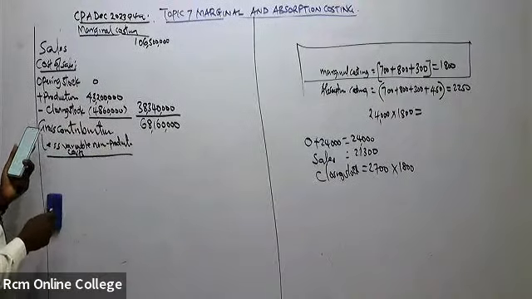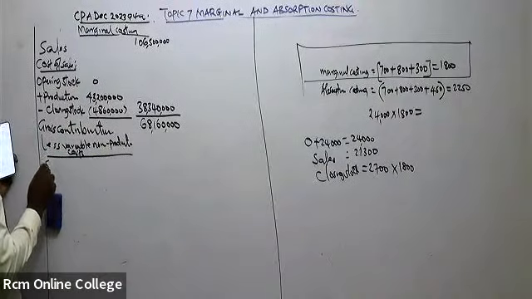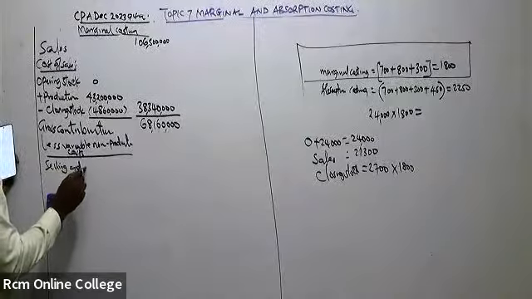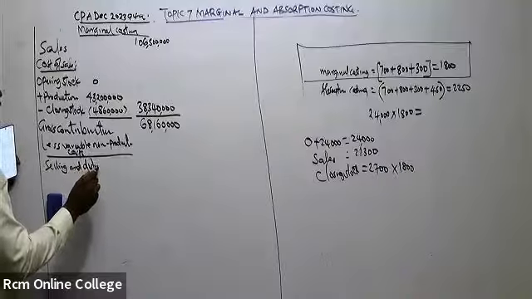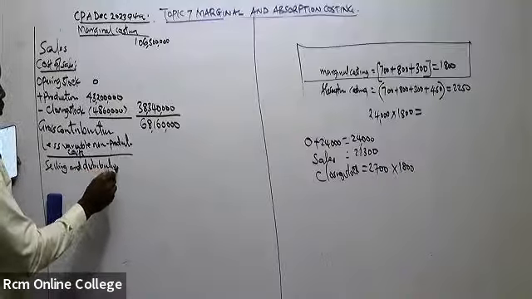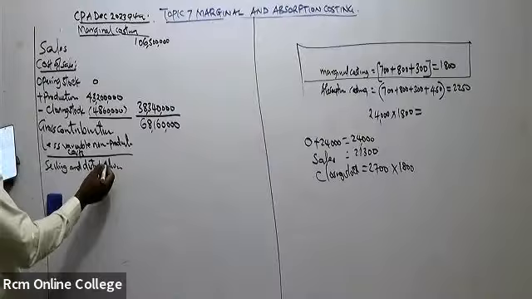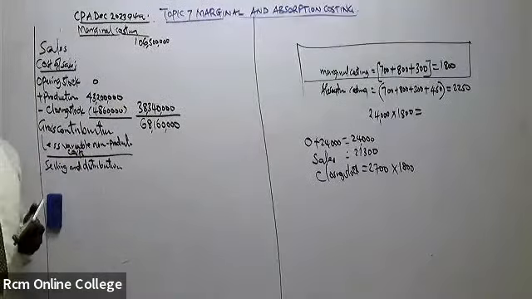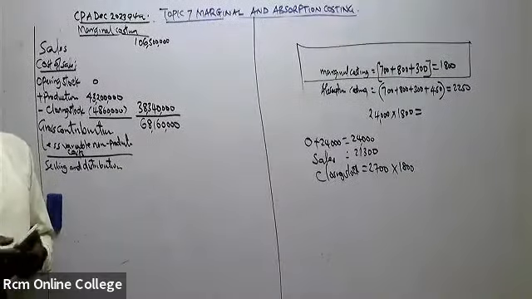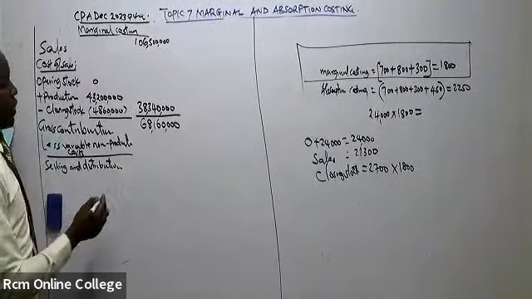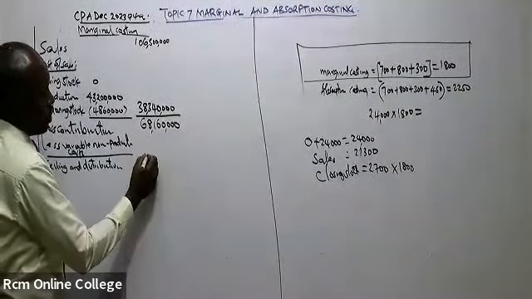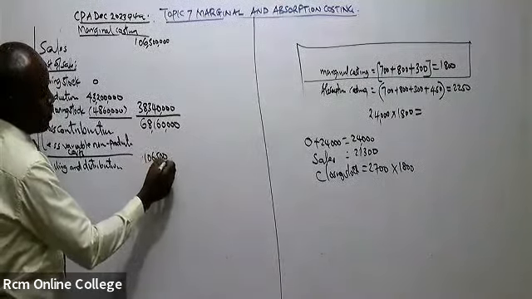The first one is selling and distribution. So the selling and distribution here, we are told is 10% of sales. How much is 10% of sales? So it is 10% of 106,500,000.